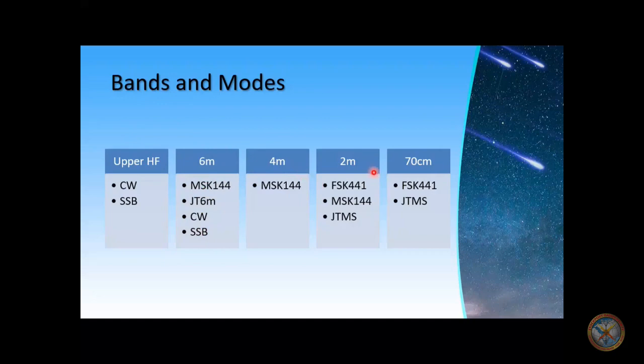On 2 meters, still the old FSK441, even though Joe Taylor has removed it from his software, unfortunately. There is MSK144, which is a bit deaf on 2 meters because it needs a specific length of reflection before it decodes, because it's either all or nothing.